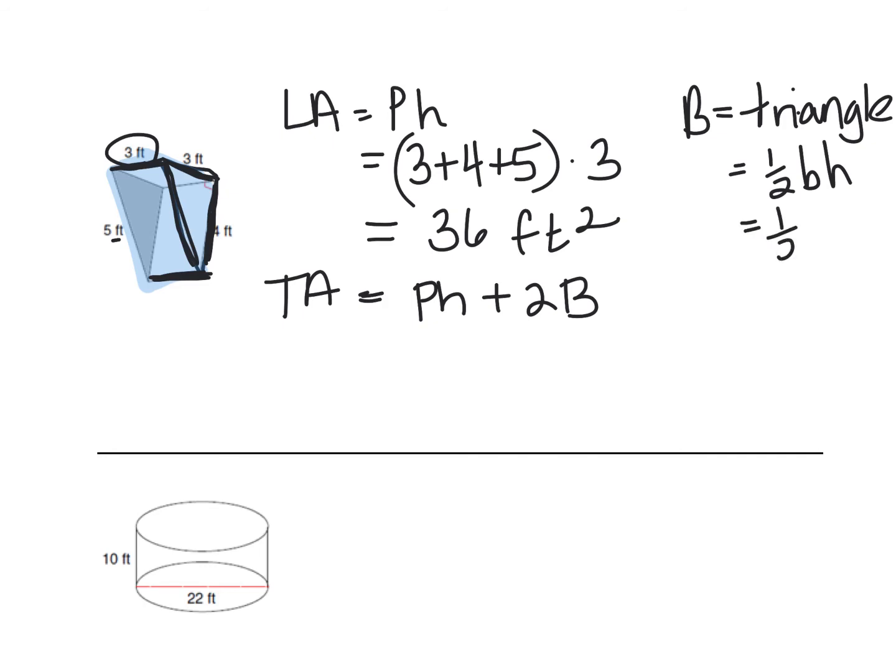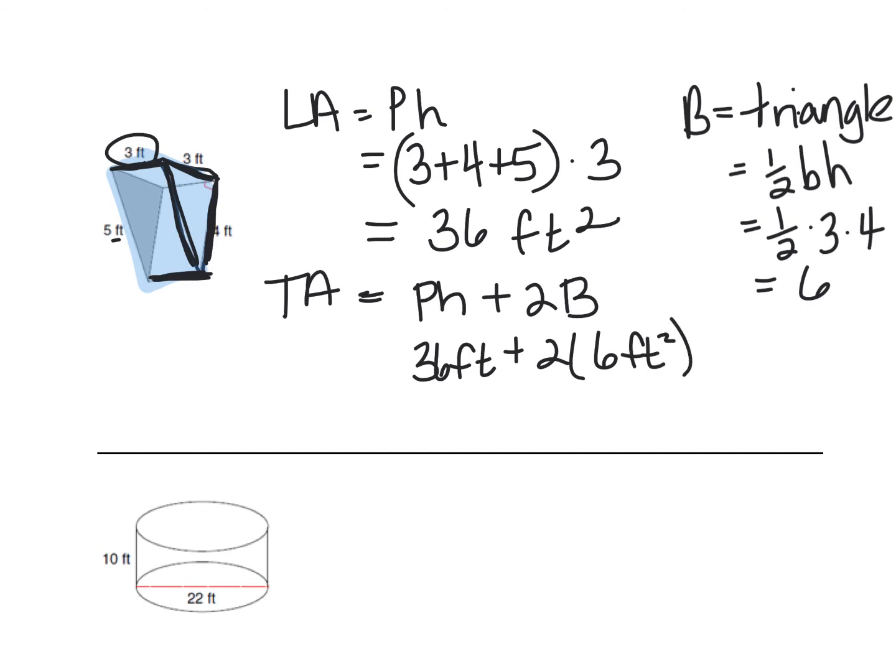So we have 1/2 times 3 times 4, which is 6. So we have our 36 feet squared plus 2 times our 6 feet squared. And that comes out to 48 feet squared.